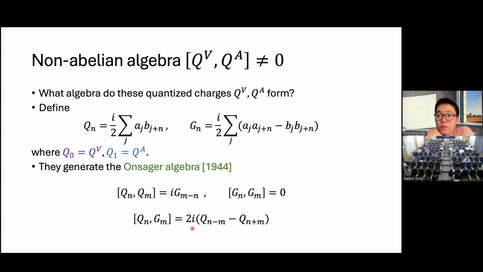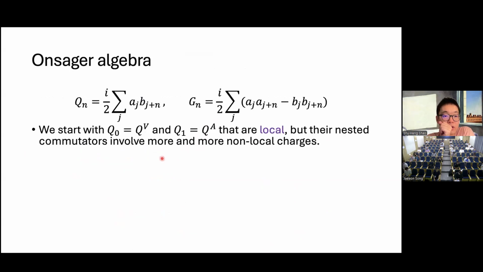In fact, it can be shown that the entire Onsager algebra can be generated by Q0 and Q1, namely our vector and axial charge. And G1 is the non-zero commutator on the right-hand side of the commutator of QV and QA. So we start with two symmetries that are very local.